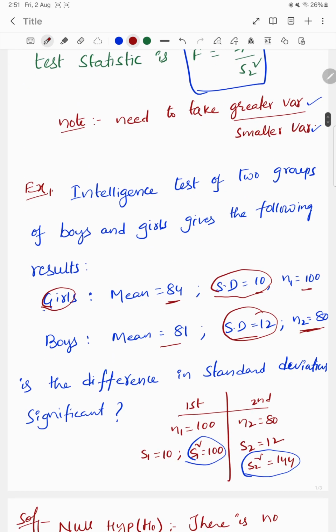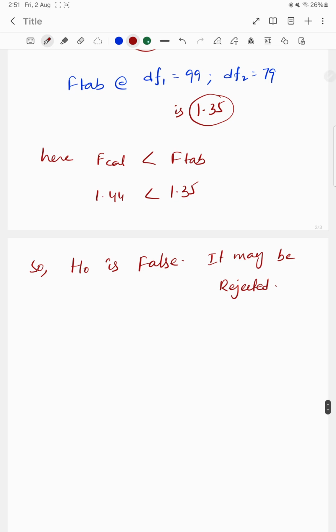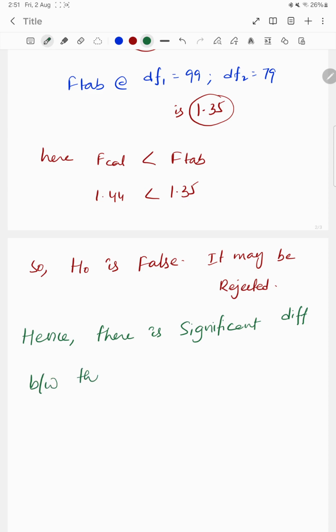This means our alternate hypothesis is true. So what is the alternate hypothesis we have taken? There is a significant difference between the variances. That's it. This is the answer.